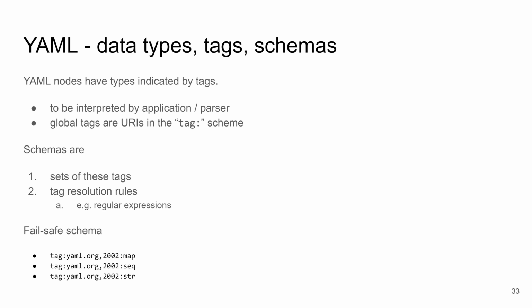But first of all, we need to talk about the first schema that is predefined in YAML in the specification, and every YAML parser needs to know it, and it only contains 3 tags: a map, a sequence, or a string, which corresponds to the YAML nodes of a type map or mapping or hash, sequence or an array, or a string. So nothing else in the core YAML, and this is called a fail-safe schema.